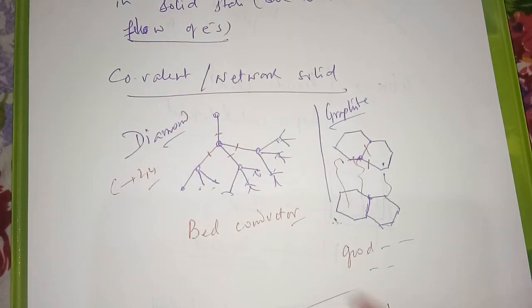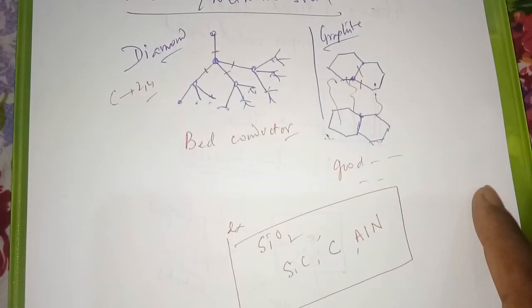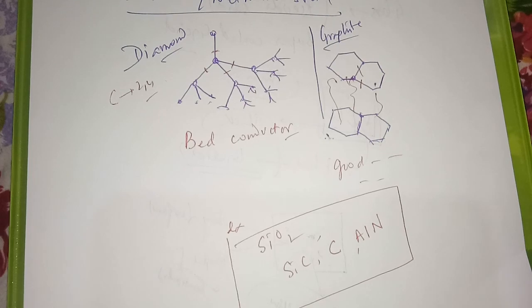These are the examples of covalent solids you are required to remember. Examples are important. In the book also some examples are available, and you are required to read them. Thank you, up to this.